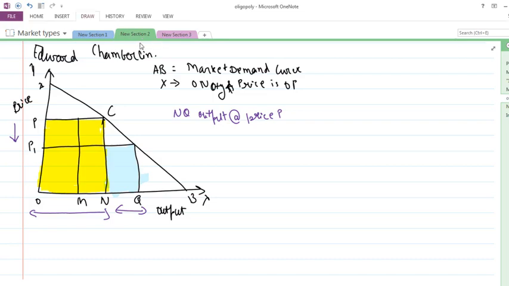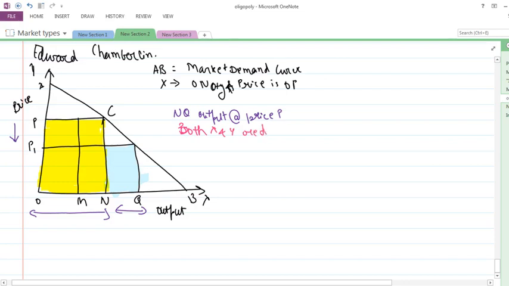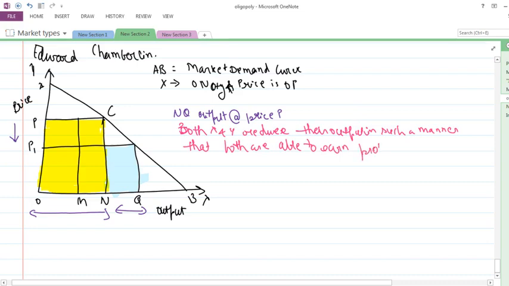Both the producers, X and Y, reduce their output in such a manner that both are able to earn profits equal to the earlier level.